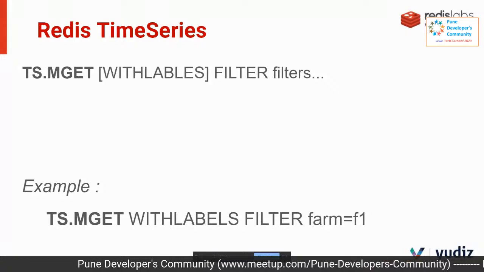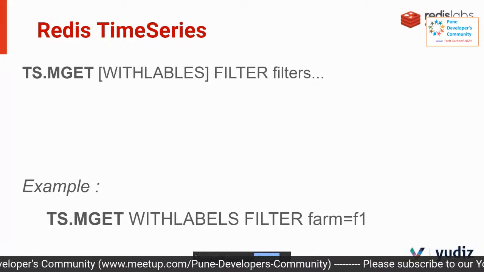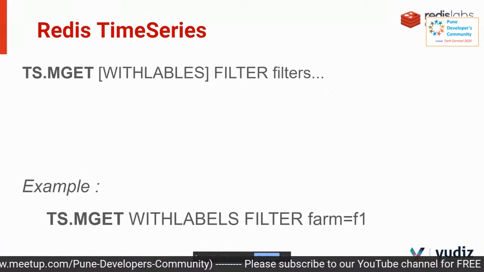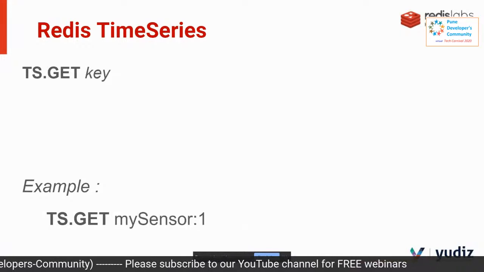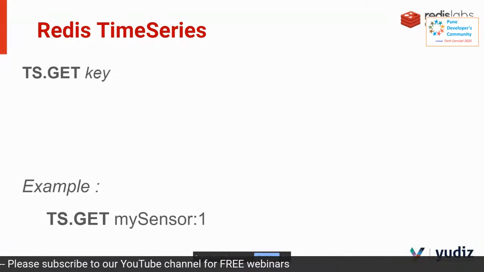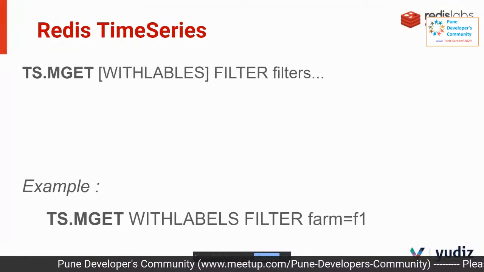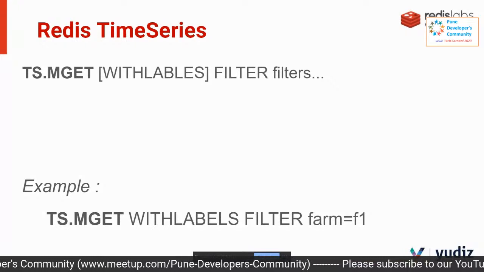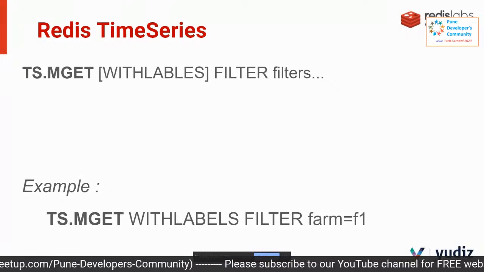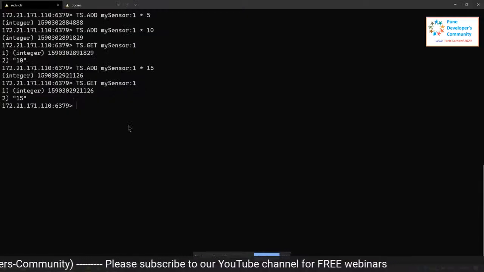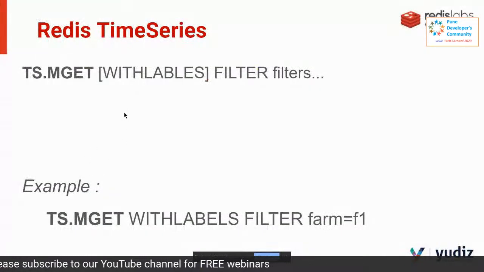Same as ts.get, we have ts.mget. With ts.get we can query a single key, but now I have created multiple time series keys and I want to query all of them. Then we can use ts.mget.